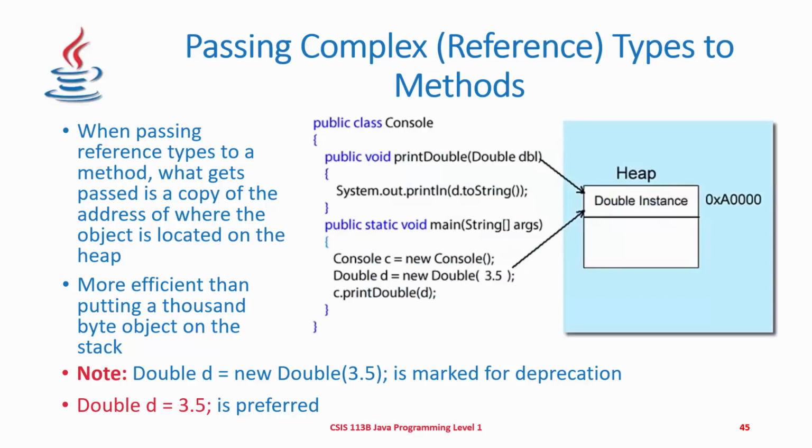That means that the people that keep updating the Java language encourage us not to use that anymore because they're going to remove it completely from the language at some point. That's essentially what deprecation is referring to. So the proper way to do this would be to just have double D equal to the literal value 3.5. That is now the preferred method.